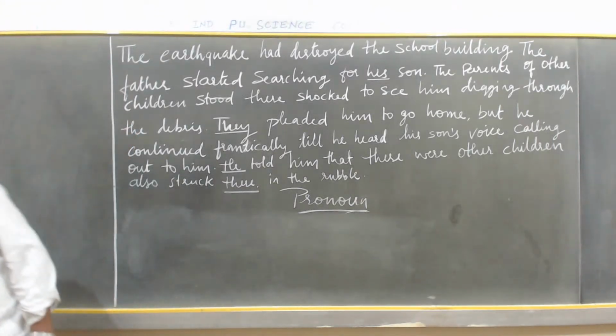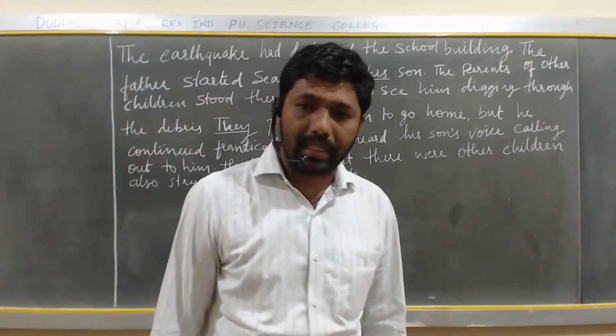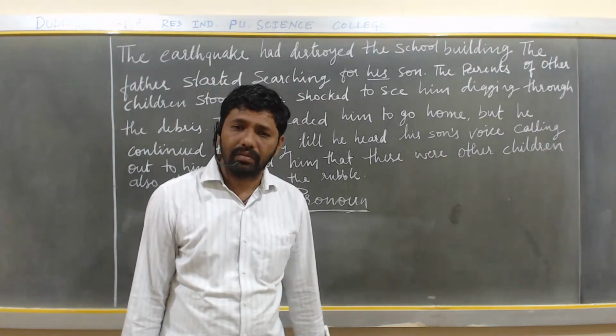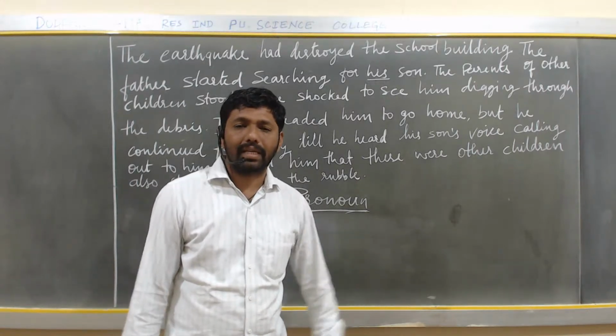So how many types of pronouns are there? There are 11 types of pronouns in English. These types and examples are not necessary for the point of examination, but for the sake of knowledge, we can keep them in mind.